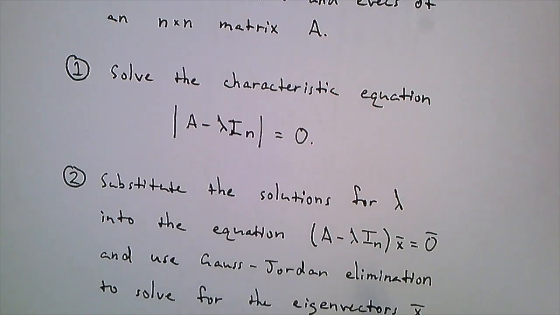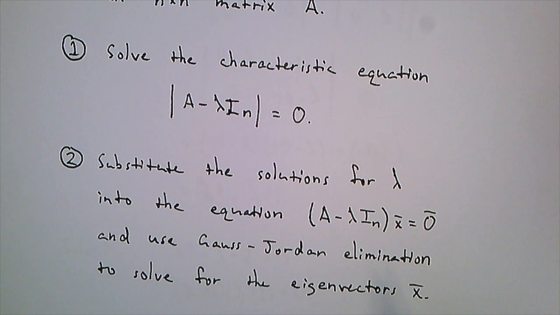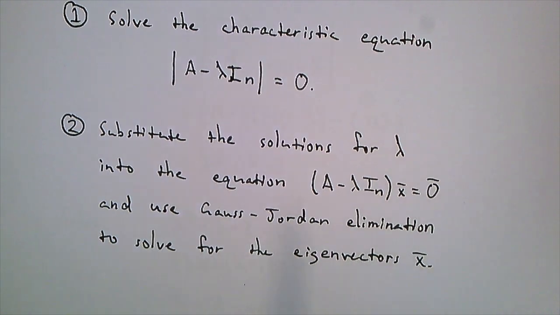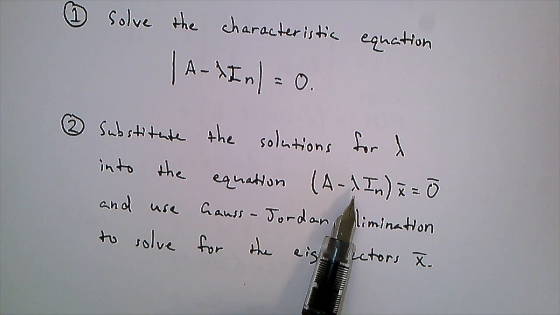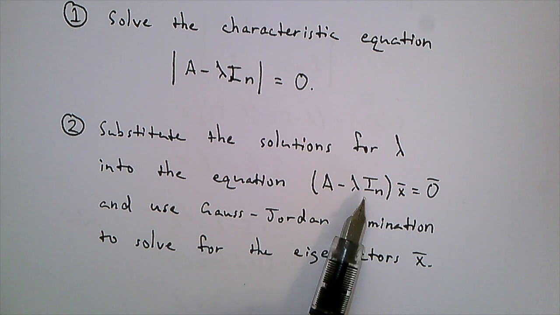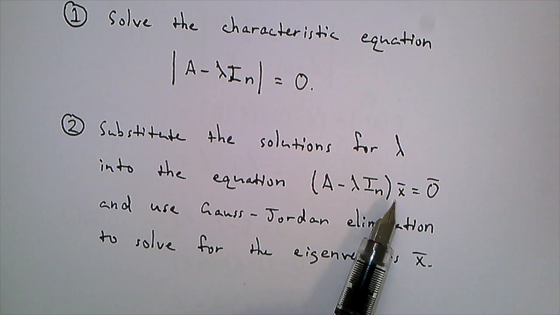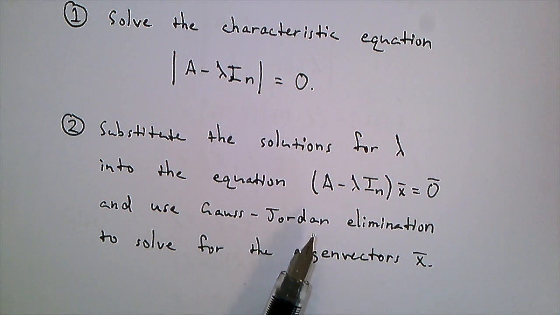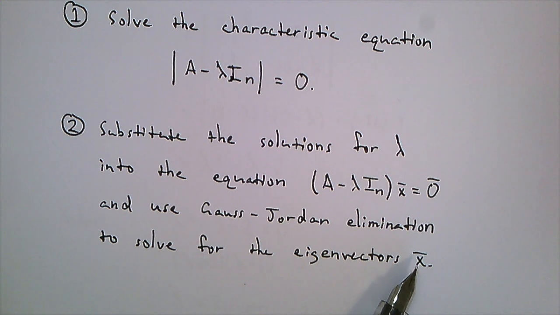And then once you've found your eigenvalues, your values of lambda from this equation, you'll have to substitute those values back in to the matrix equation, A minus lambda I_n times the vector x equals 0, and then use Gauss-Jordan elimination, row reduction, to solve for the eigenvectors, the vectors x.